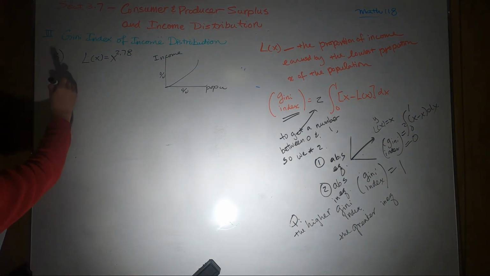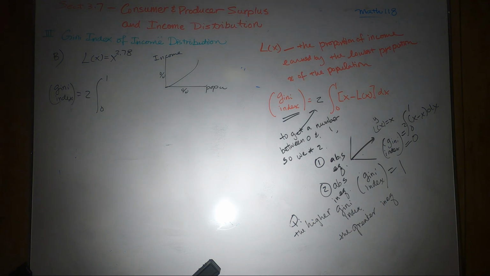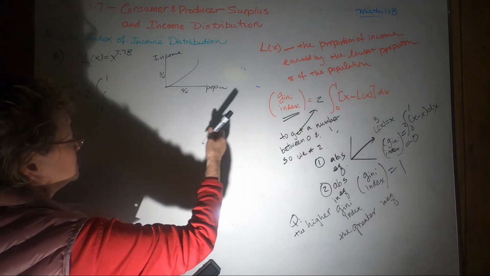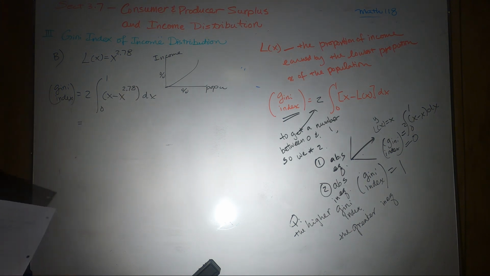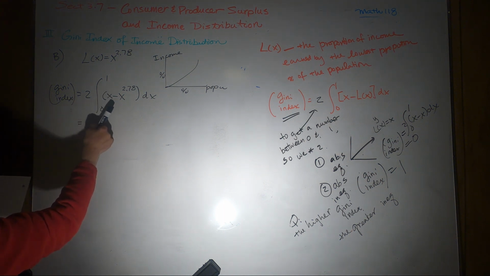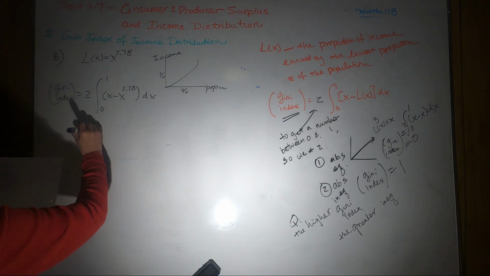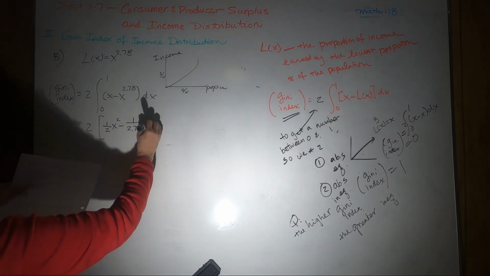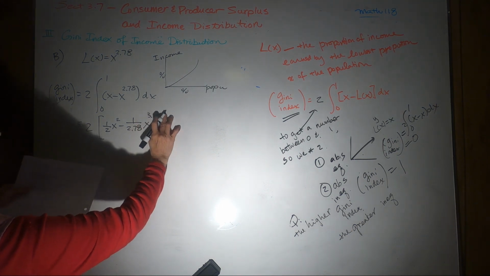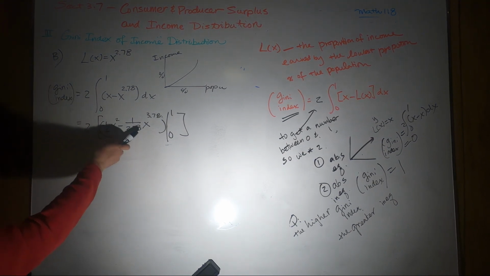The Gini index is 2 times the integral from 0 to 1, because it's a proportion by percentage, of x minus the Lorenz curve, x minus x^2.78, dx. The antiderivative is x squared divided by 2 minus x^3.78 over 3.78, evaluated from 0 to 1.